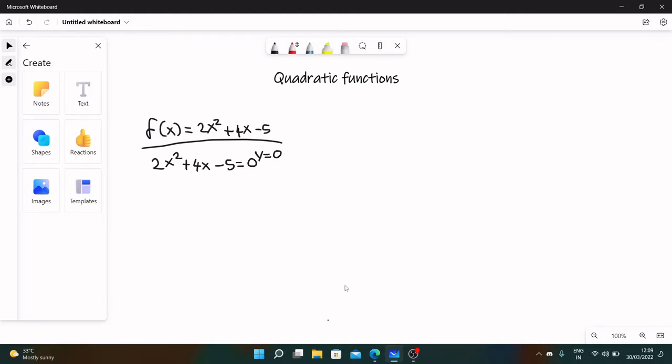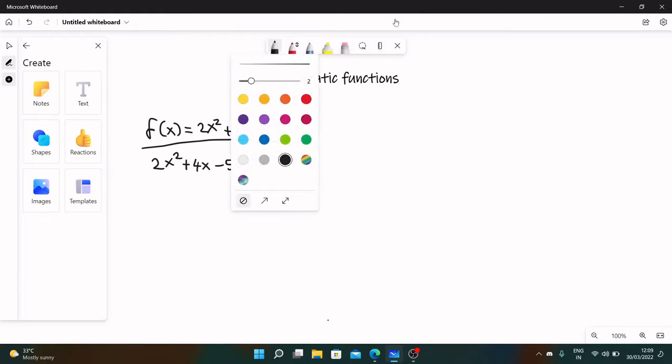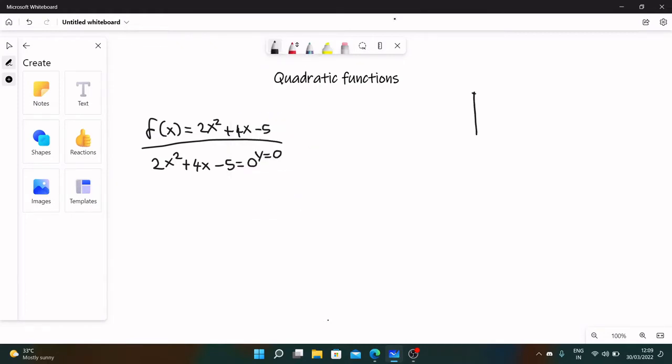Symmetry means that on either side of a line or a point, something is the same. It's like a mirror line. You have a mirror, you're standing here, and on the other side it will look the same. So when about a point or a line something looks similar, we say it's symmetrical. Suppose you have a square like this.